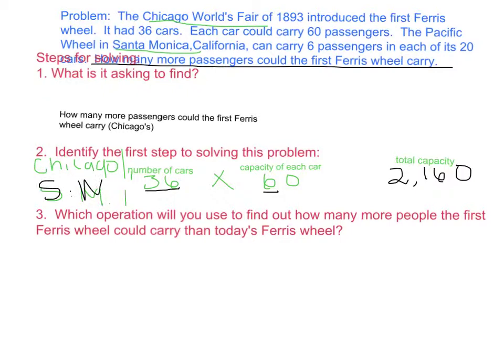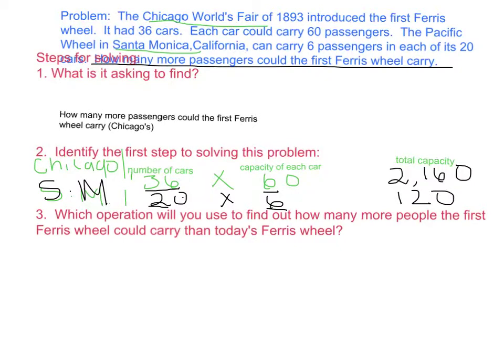The Pacific Wheel in Santa Monica, California, can carry 6 passengers in each of its 20 cars. So it's 20 times 6. Again, our basic fact is 2 and 6, which is 12, and then we just add our 0.